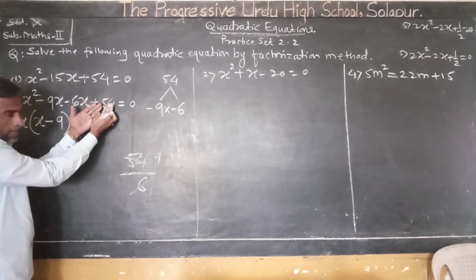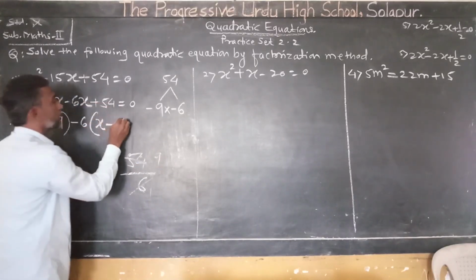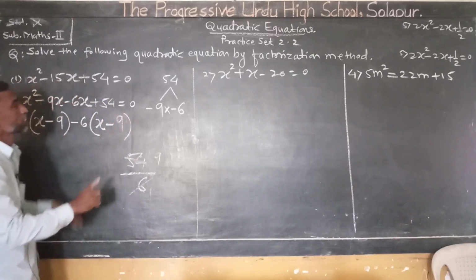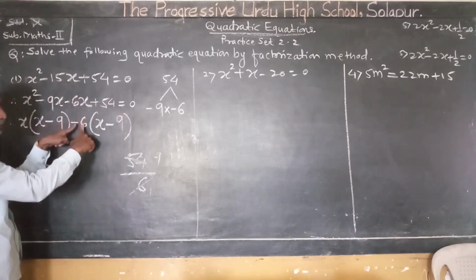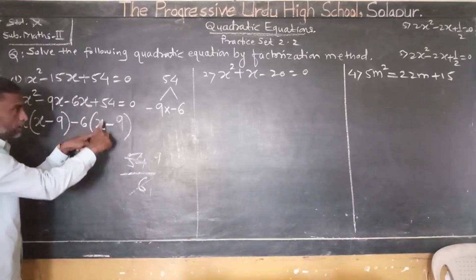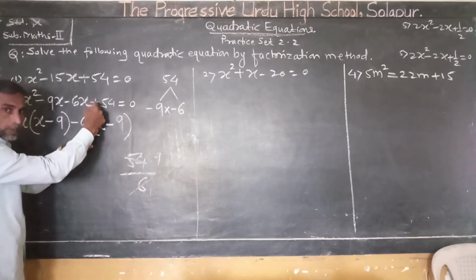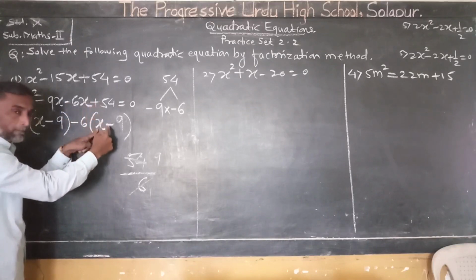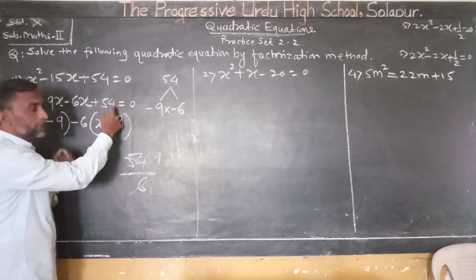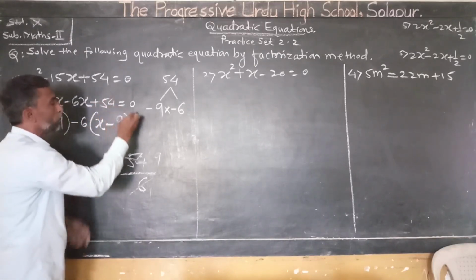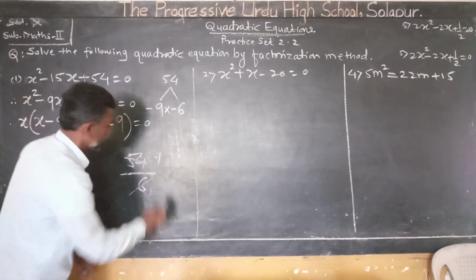So as I have taken 6 common, here 9 will remain. Minus 6 we have taken common, x will remain, and as we have taken minus common, this plus will become minus. 6 9s are 54, is equal to 0.